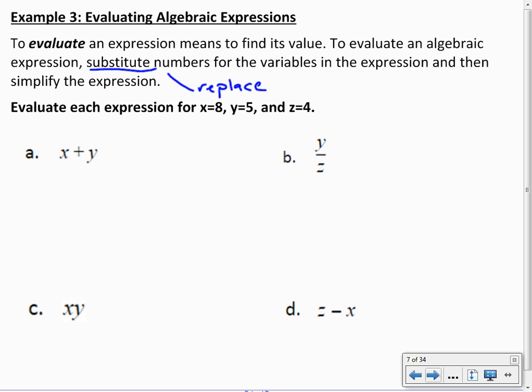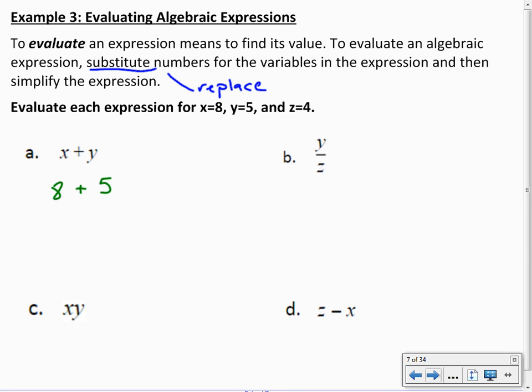So for each of these examples, we're going to be using an x value of 8, a y value of 5, and a z value of 4. So in example A, if I want to find x plus y, I'm going to take what x is equal to, which is 8. I'm going to take what y is equal to, which is 5, and I'm going to add them together.